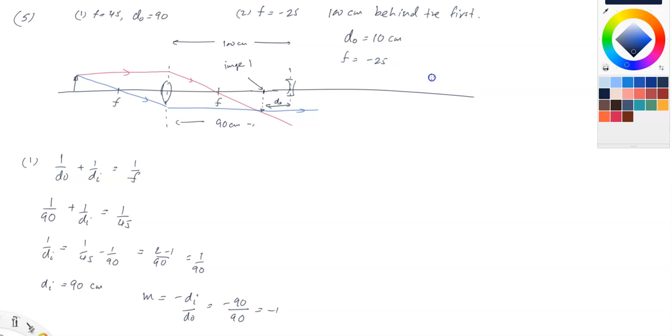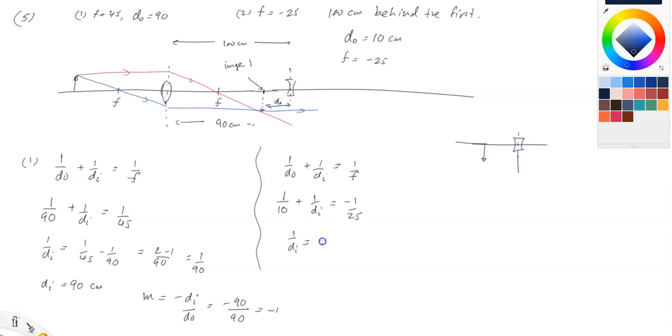Its F is negative 25. So what happens? It is like you have this lens and an upside down object 10 centimeters in front of it. What kind of image is that going to create? For the second one, let's try 1 over DO plus 1 over DI equals 1 over F. 1 over 10 plus 1 over DI equals negative 1 over 25.